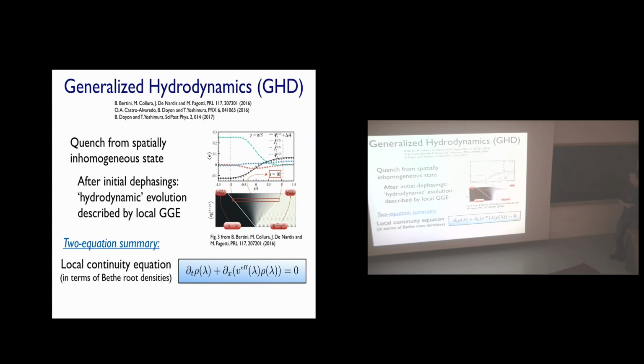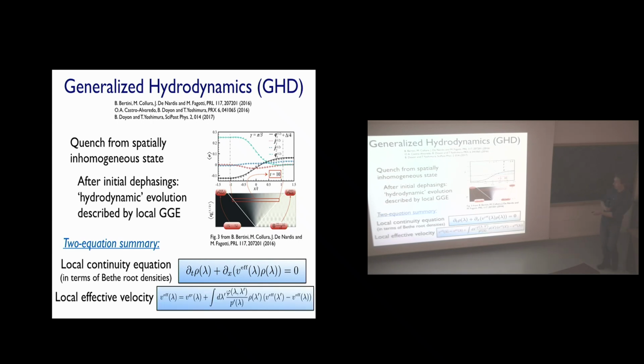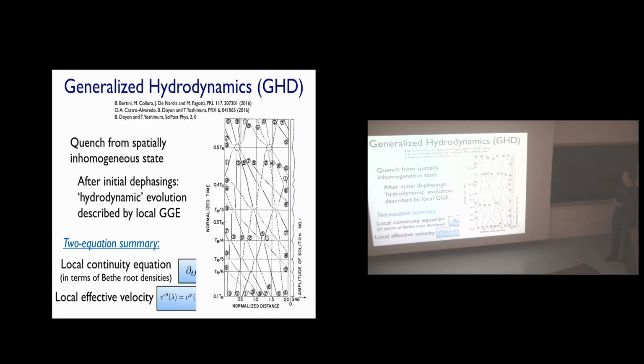So what's the idea? You just get this continuity equation with an effective velocity that depends on the state in which you are. A simple illustration for this is the Zabusky-Kruskal experiment. If you take one of the solitons, it has a certain velocity associated to it, which depends on the presence of other solitons.